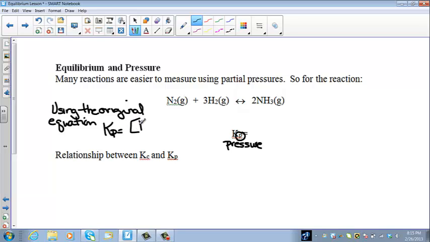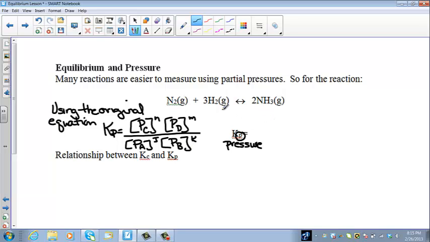So now it's the pressure of C raised to the nth times the pressure of D raised to the mth over the pressure of A to the J times the pressure of B to the K.